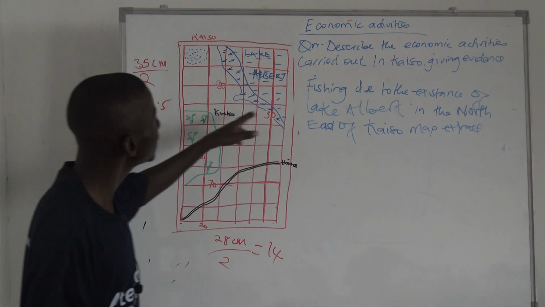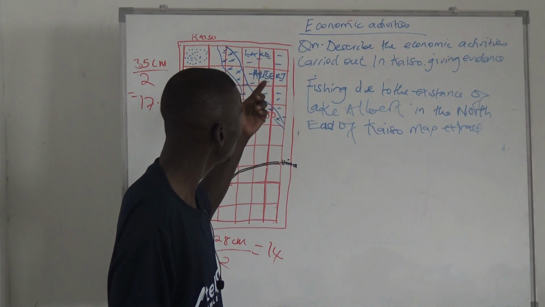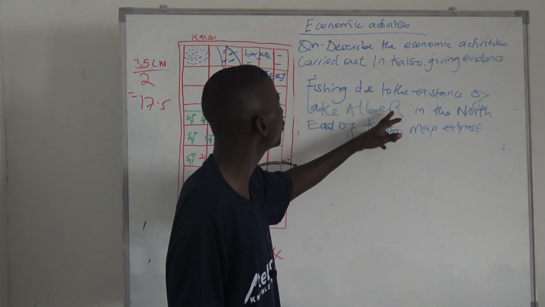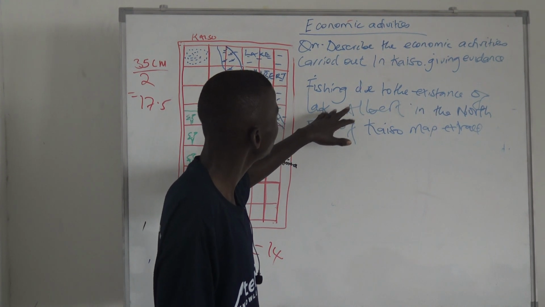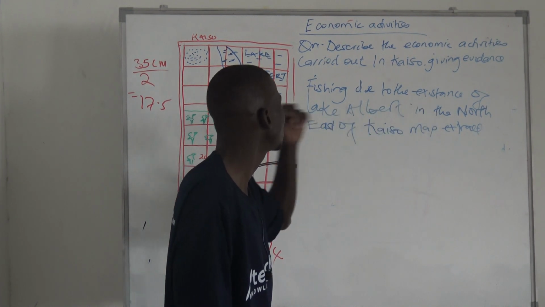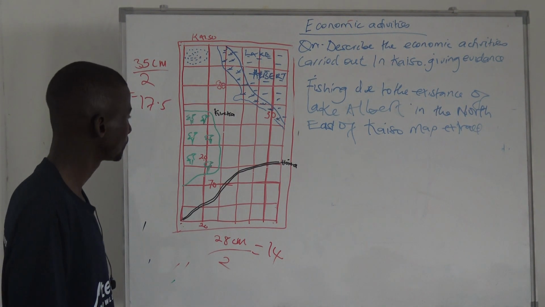So what they want is fishing as an economic activity, then where it is being carried out: on the lake. Lake is the evidence. The existence of the lake indicates that there is fishing in KAISO here.